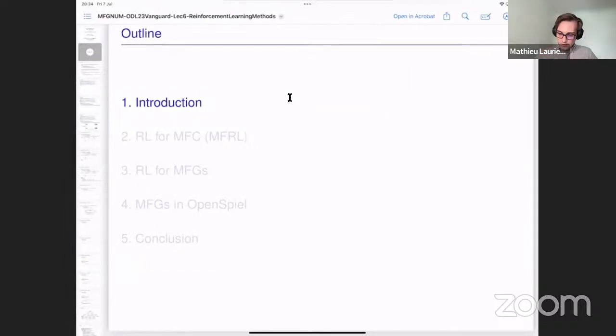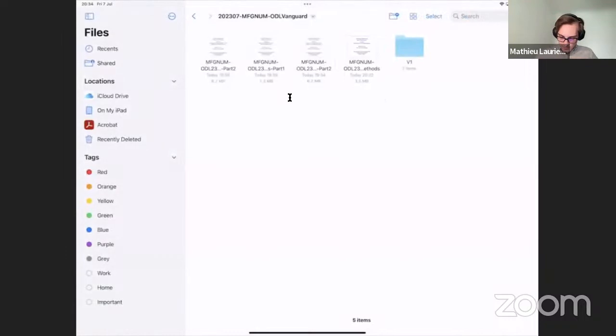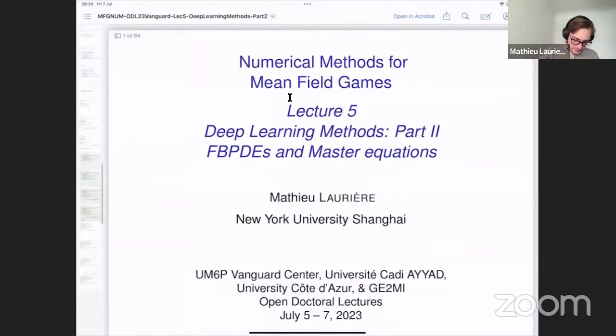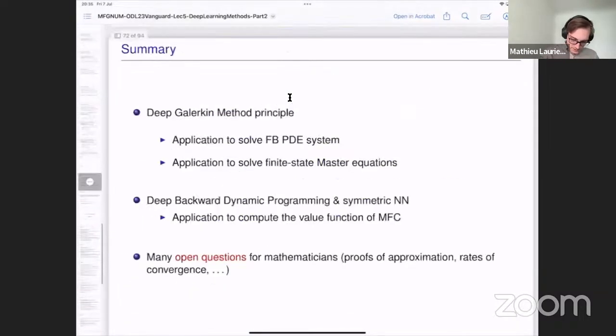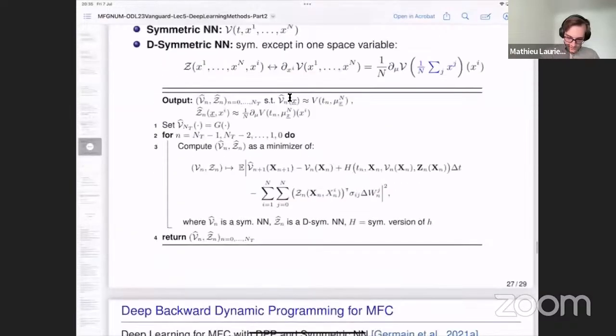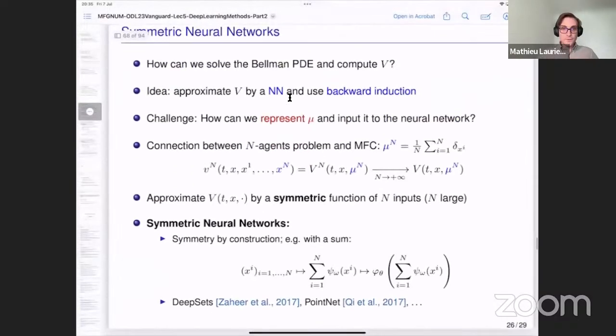Yes, so maybe I can go back to this slide. It's good because I also wanted to make some comments. Let me jump directly to the location where you have your question, probably the slide just before. So this one. The question is, if I have t, x and mu_t, how can I calculate v of t, x and mu_t using this v^N function?